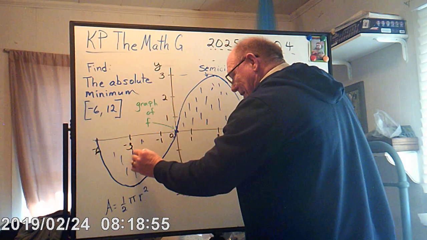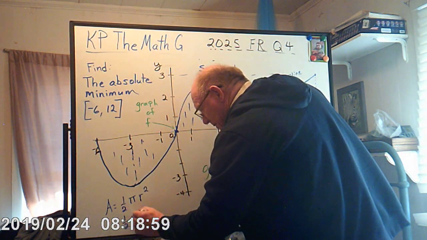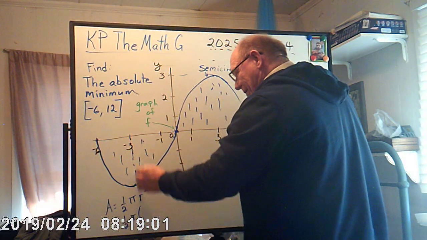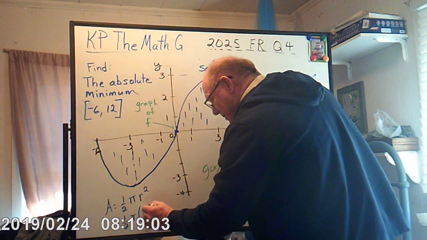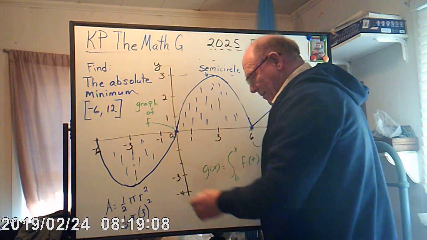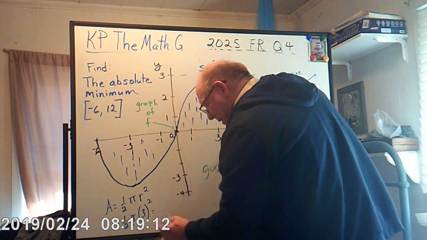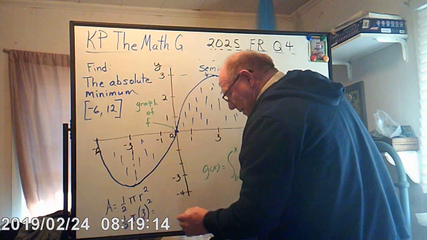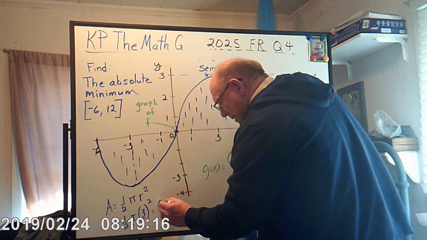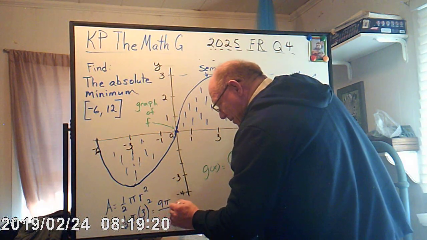R happens to be 3. Well, radius is positive, so there you go. 3 squared is 9. So remember, the only thing in the denominator really is a 2. Alright, so we have 9 pi over 2.